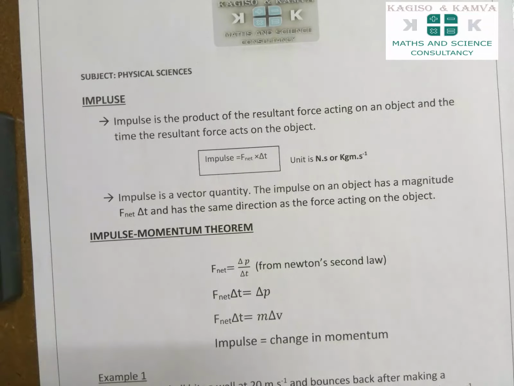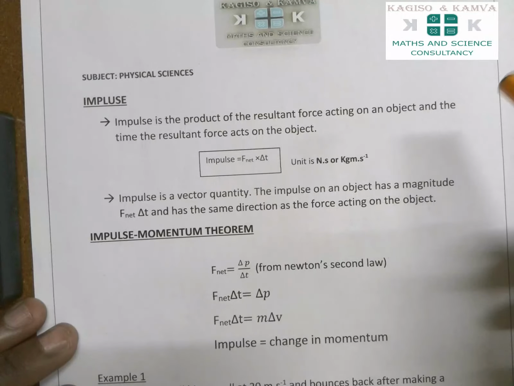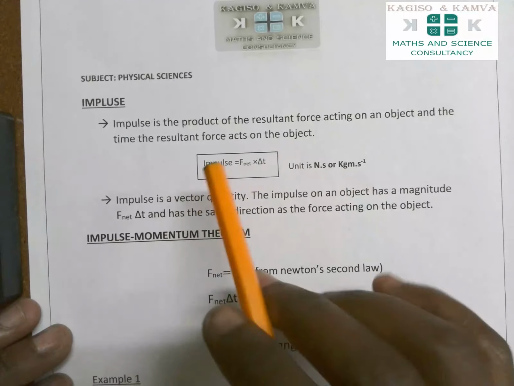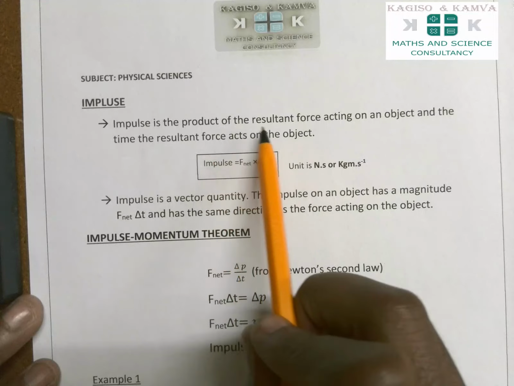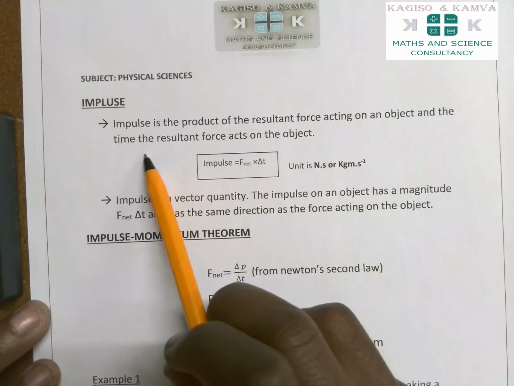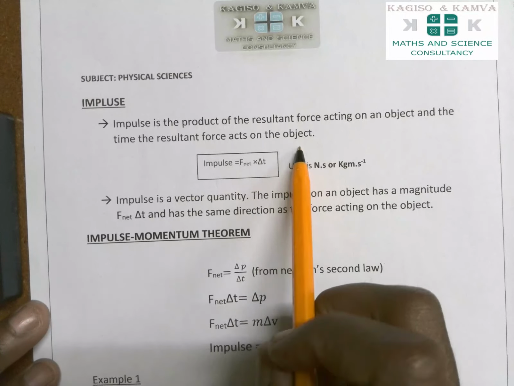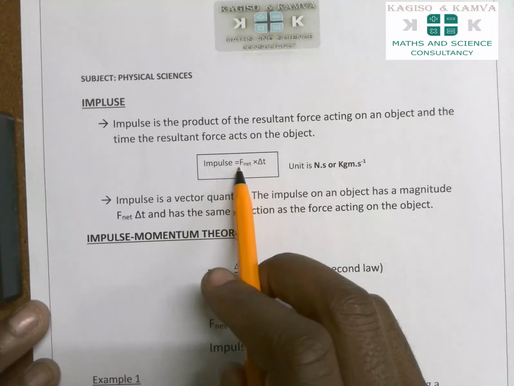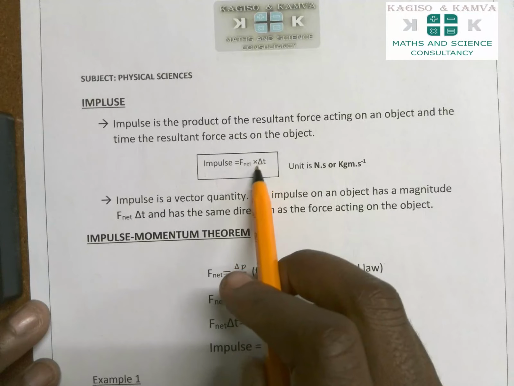The impulse. Now what is actually the impulse? The impulse is the product of the resultant force acting on an object and the time the resultant force acts on the object. So impulse is equal to the resultant force F net times the change in time.